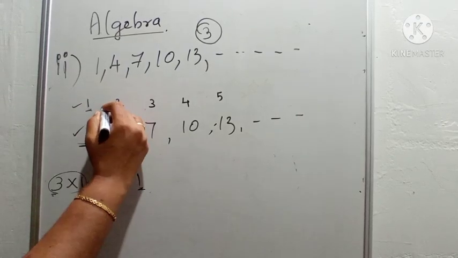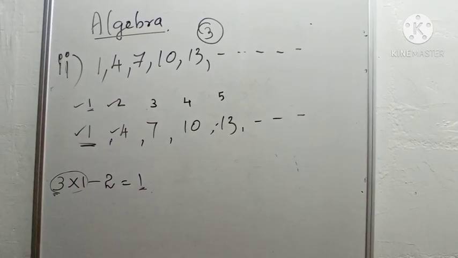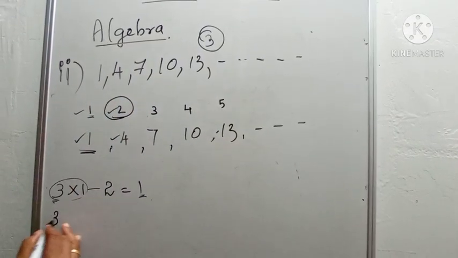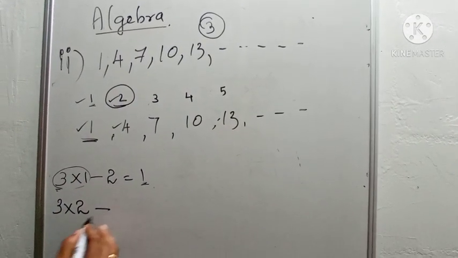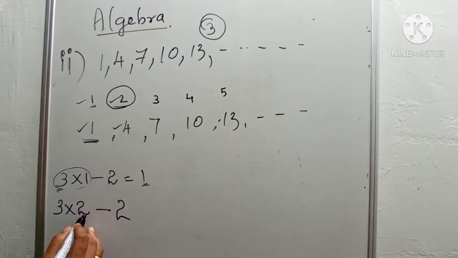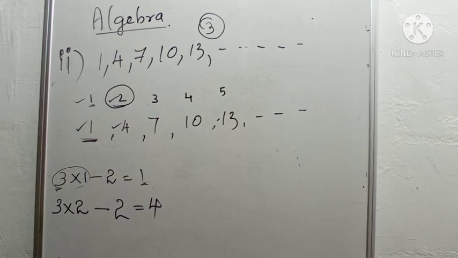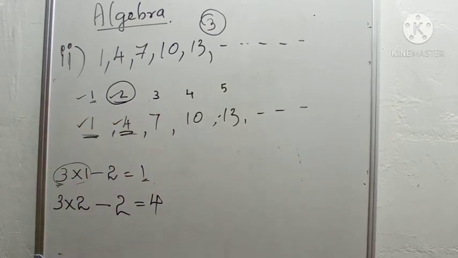Then, what about the second term and second position? The second multiple of 3 is 3 into 2 minus 2. 3 into 2 is equal to 6, and 6 minus 2 is equal to 4. That is the second number.